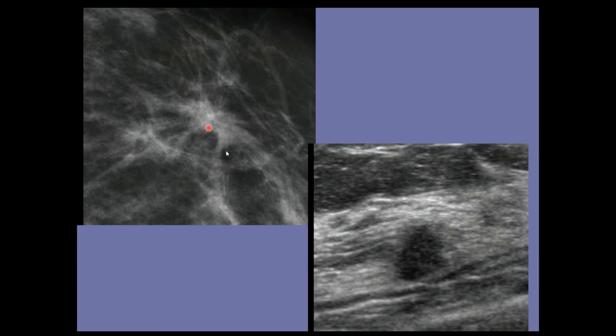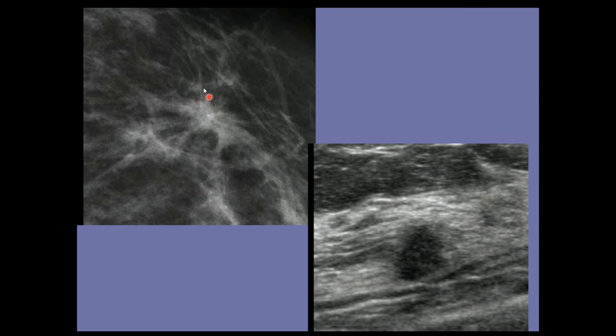First of all, you see the radiopaque mass, which is ill-defined, and most importantly, it is causing architectural distortion. What is the meaning of architectural distortion? Normally, all the fibrous tissue is converging onto the areolar region.